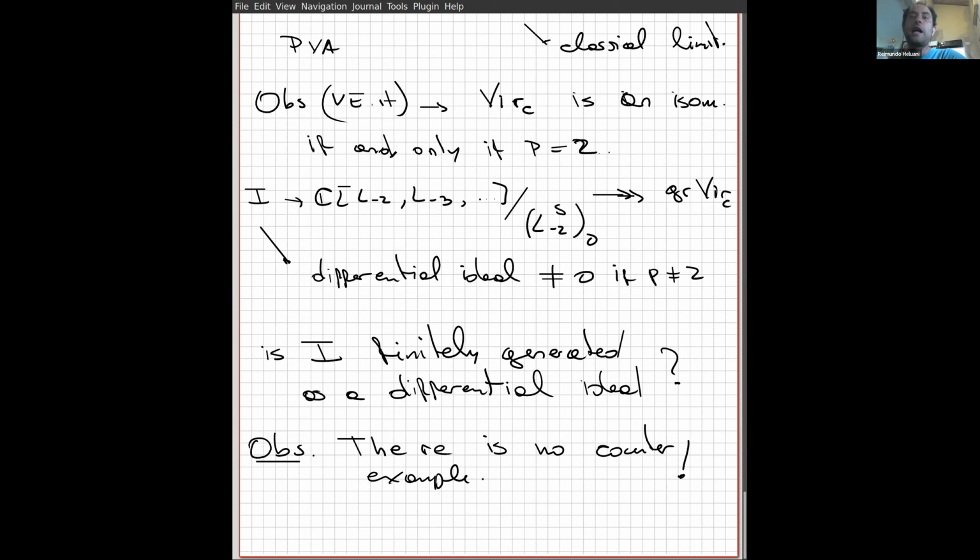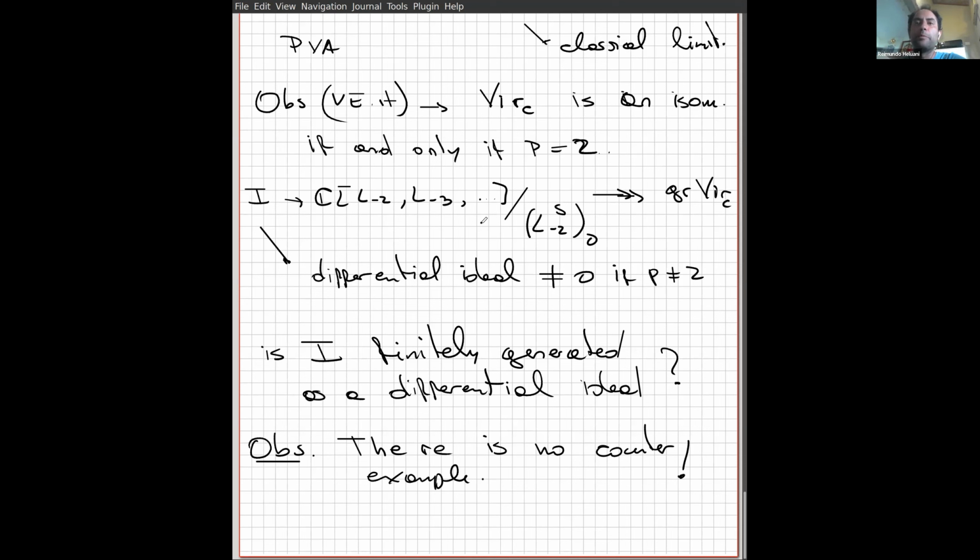You take the free algebra generated by the C2 quotient, or you take the associated graded, the classical limit. This surjection, you ask whether or not the kernel is finitely generated. Put in a different way, if you take spectrums, what you're asking is whether the spectrum of this is defined by finitely many equations in the arc space. And there's no counterexample on vertex algebras, but there are many on arc spaces.